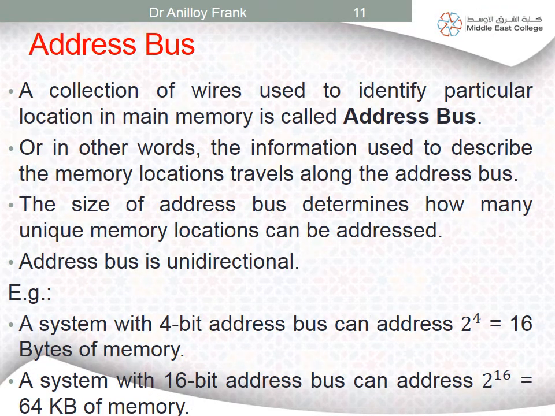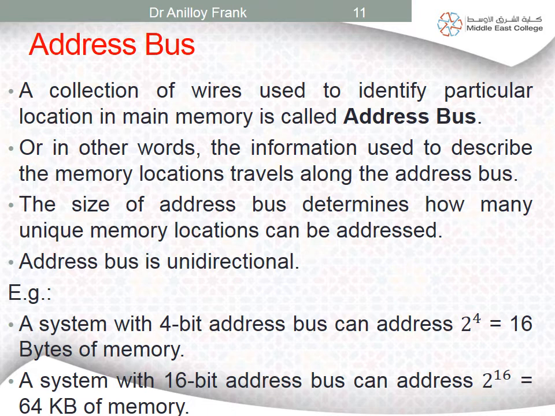The address bus. It is a collection of wires used to identify the locations in a memory. In other words, the information used to describe the memory locations travels along the address bus. The size of the address bus determines how many unique memory locations can be addressed.